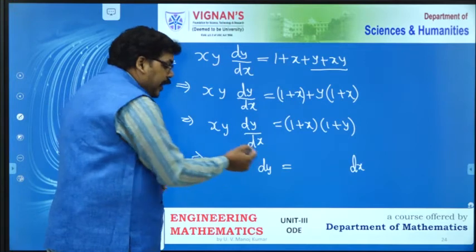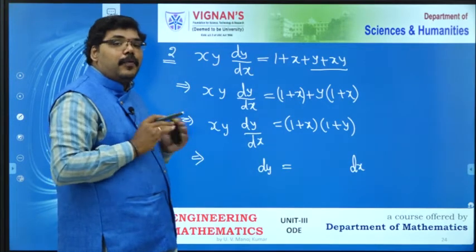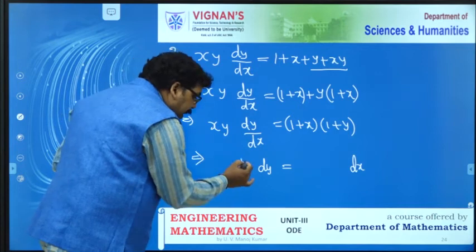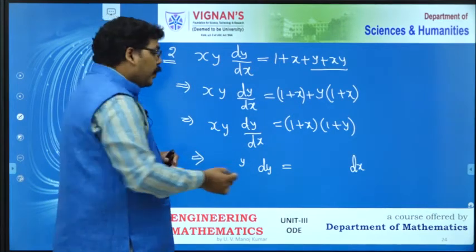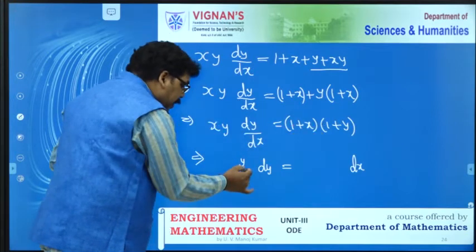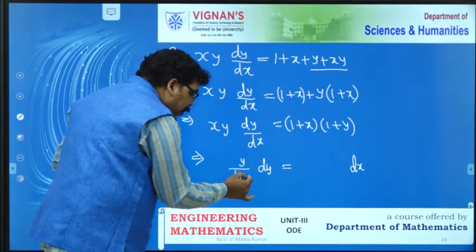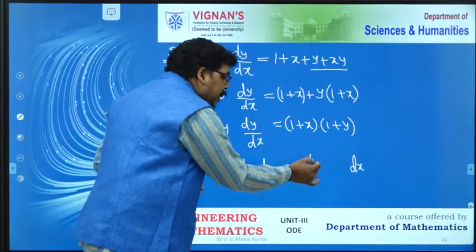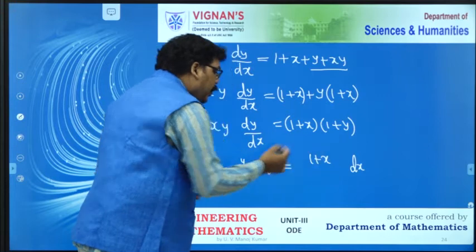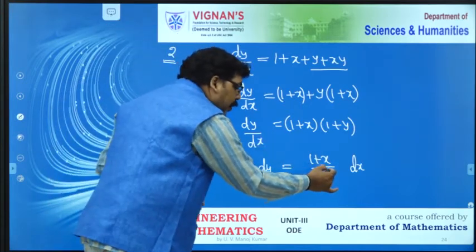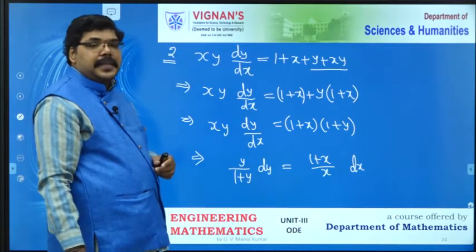Now on the dy side, write all y terms. y is already here, I am writing it as it is. 1 plus y is here, we are multiplying here. If you bring this to the other side, y by 1 plus y. Similarly, I put 1 plus x here only, and I will bring this x to the other side, 1 plus x by x dx.